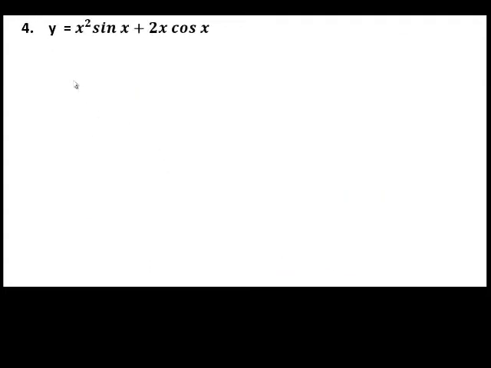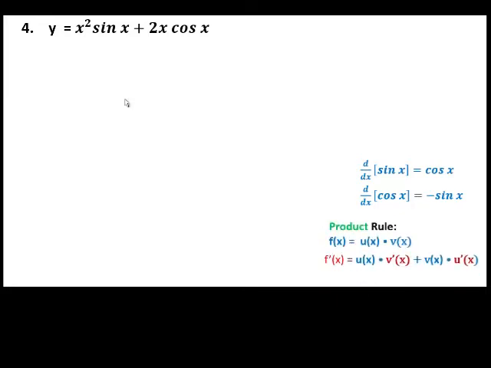Next, find the derivative of y equals x squared sine x plus 2x cosine x. So again, the derivative of sine and cosine. And here it is a product. So we will use the product rule.